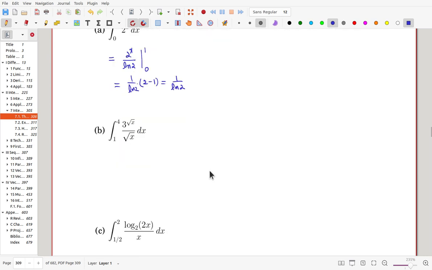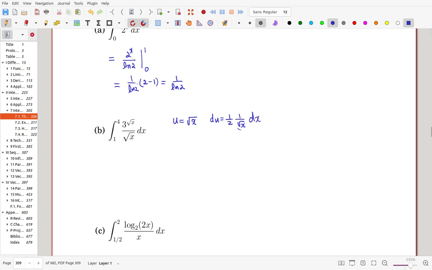Okay, now for this one, here you may simplify by using a change of variable. For instance, if we introduce a u substitution, u becomes square root of x. Then from this one, du must be the same as half times x to the minus half dx.